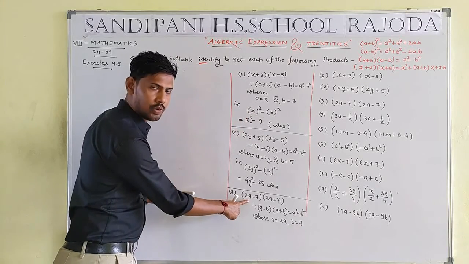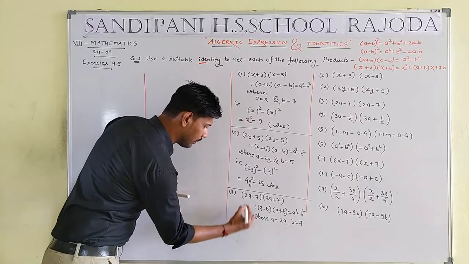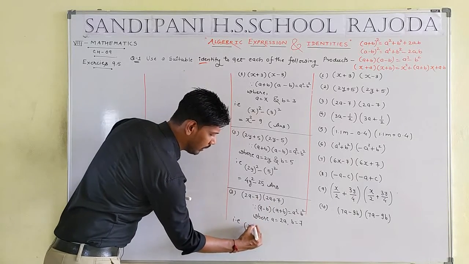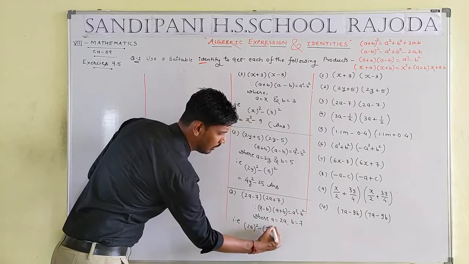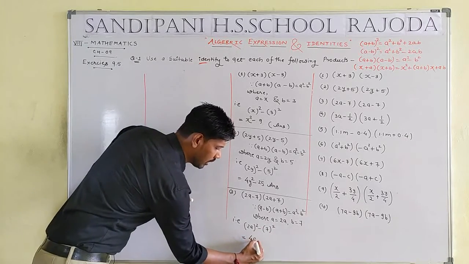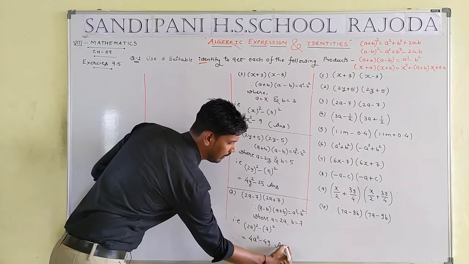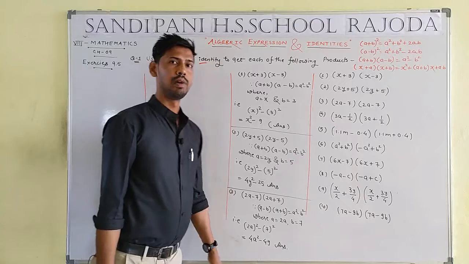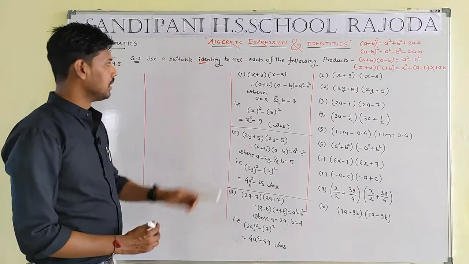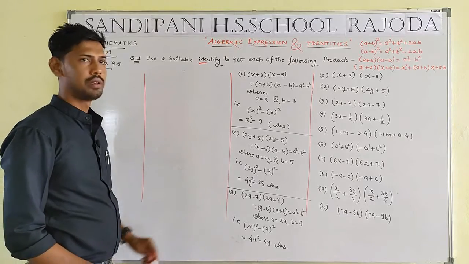This is equivalent to a, this is equivalent to b, such that by use of the identity we can write (2a) whole square minus 7 whole square. 2a, 2 twos are 4, and 7 sevens are 49. That is the perfect result for question number third. Okay, student, that is the solution for question number first, second and third.